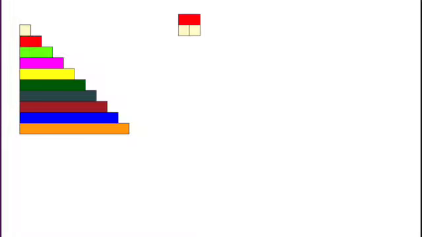Okay. But if I were to say that this green rod equals one whole, the value of the white rod is now going to be 1/3 because it takes three of them to make one whole.